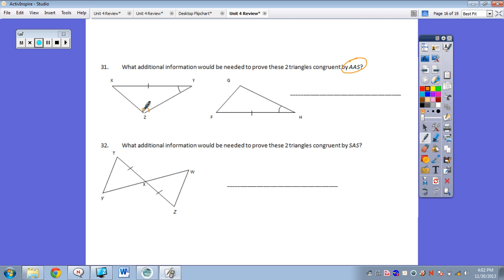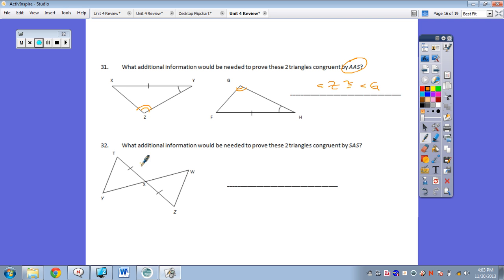Well, if I look at angle Z, right, now I have an angle followed by a side. That would correspond with angle G here. So now you have an angle and a side. So angle Z is congruent to angle G by angle side. That's the other part of the missing information that you need in order to prove by AAS.